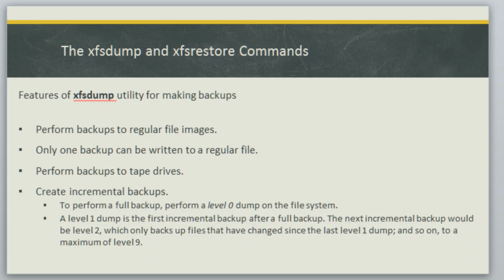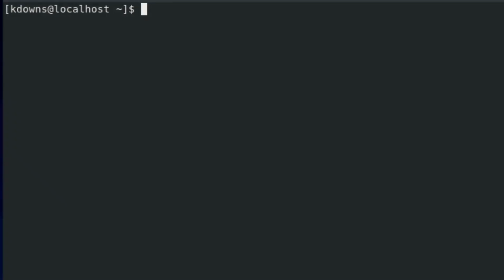So let me show you an example of that. Move to my VirtualBox here. I'm not going to actually run the command because I don't want it to back up. It would take a really long time to do. I'm not going to hit enter, but I'm going to show you the command. So I could do xfsdump. I could do a -l for level. I could do 0, 1, 2, all the way up to 9, just as it said. And I can do a -L for label.